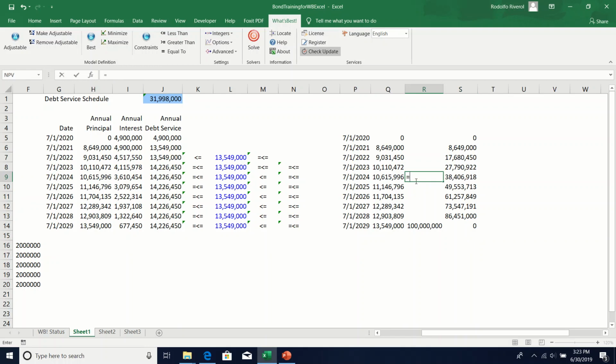Even if we had a 5-year PPU here, we would still pass our PPU test.